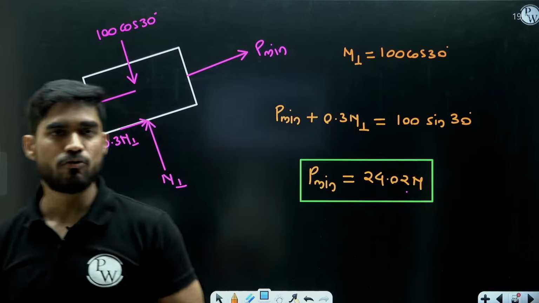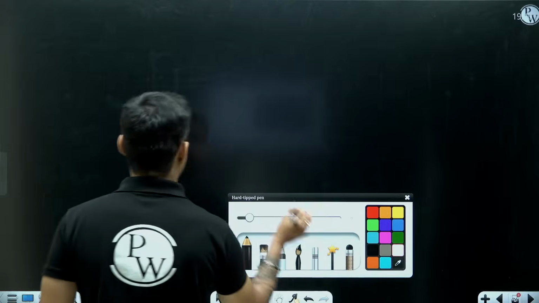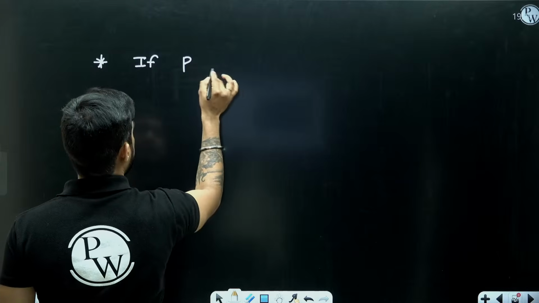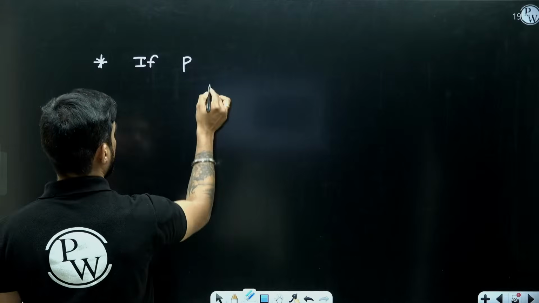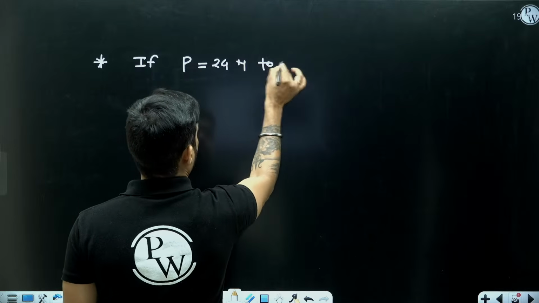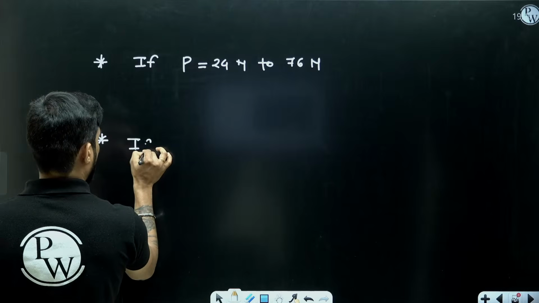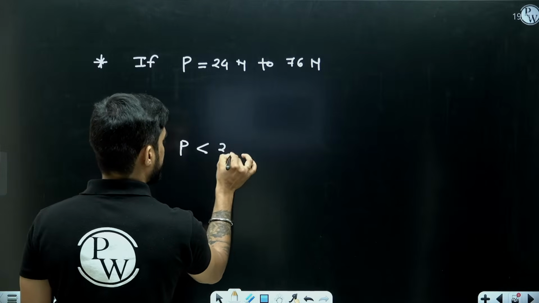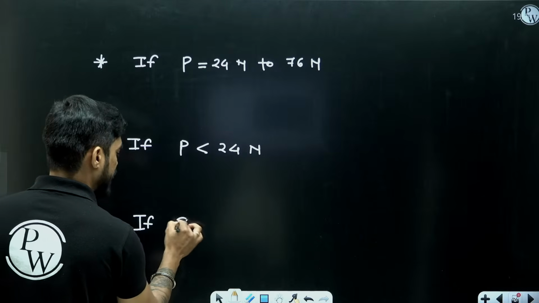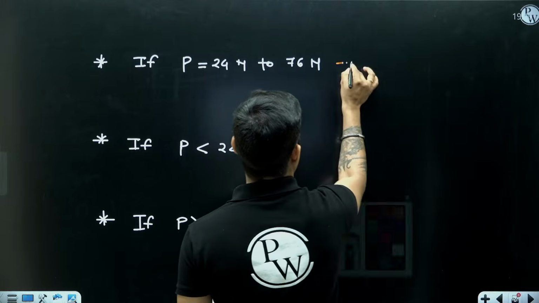Between 24 to 76, if P, we have three cases. If P is between 24 to 76, second case, if P is less than 24, and third case, if P is greater than 76. So what is happening in all three cases?